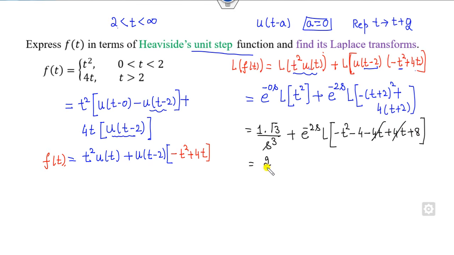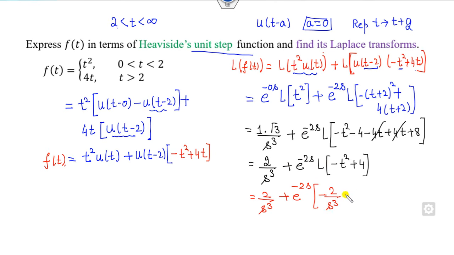Gamma function of 3 will be 2 over s cube plus e raised to power minus 2s Laplace of minus t square plus 4. Now can you find the Laplace of this? It is very easy. 2 over s cube, e raised to power minus 2s Laplace of t square is similar to this, it is 2 over s cube. Laplace of the constant is 1 over s. That is the right answer of this problem.